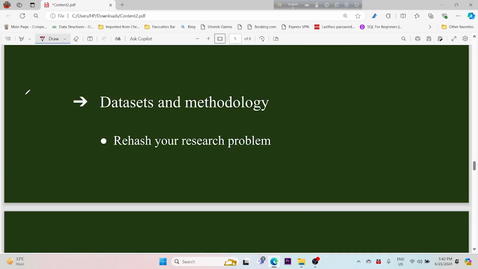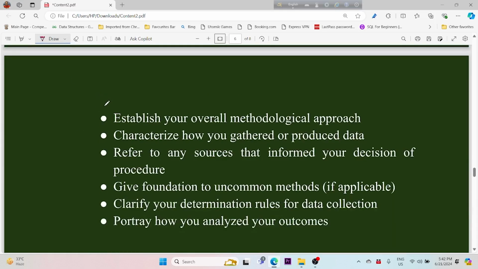Okay, now the next section will be for data sets and methodology. In this section, you need to rehash your research problem, and you must establish your overall methodological approach. You need to characterize how you gathered or produced data.